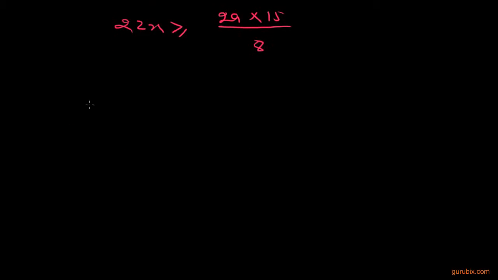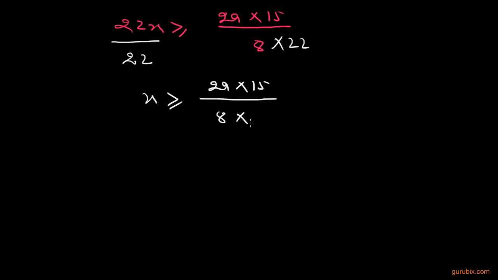And we also know that we can divide both the sides by the same positive number without changing the sign of inequality. So we can divide by 22 on both sides. Then x is greater than or equal to 29 multiplied by 15 over 8 into 22. If we multiply this 29 with this 15 we get 435, and here we get 176.